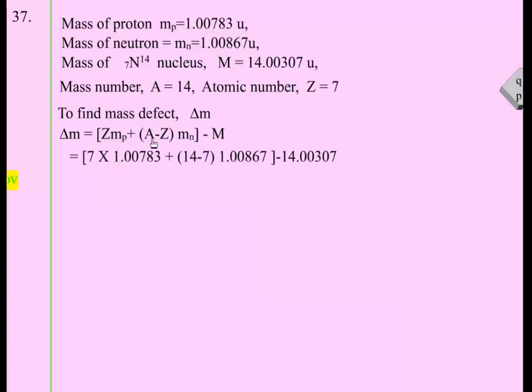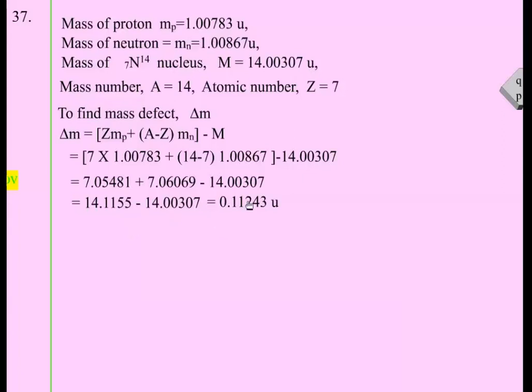Now A minus Z, 14 minus 7, into the mass of the neutron, look here, this much, minus the mass of the nucleus, look here, this much. This comes to so much when it is multiplied, and finally we get 0.11243 atomic mass units. So this is the mass defect delta M.